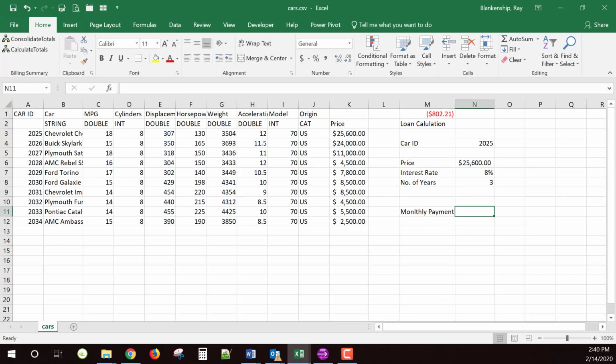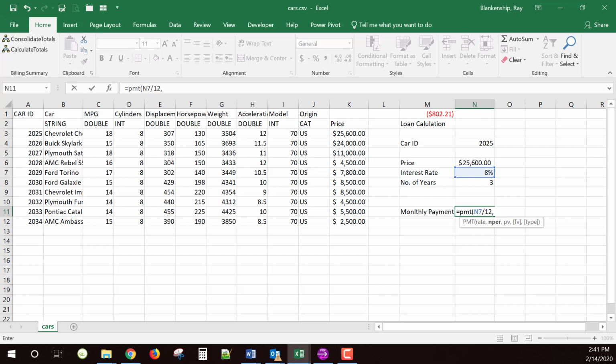And so now we're ready to start moving that payment. So we'll say equals payment. And the rate is going to be this value divided by 12. Remember that interest rate is always given as APR, annual percentage rate.